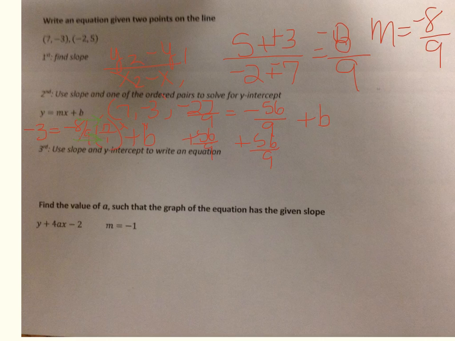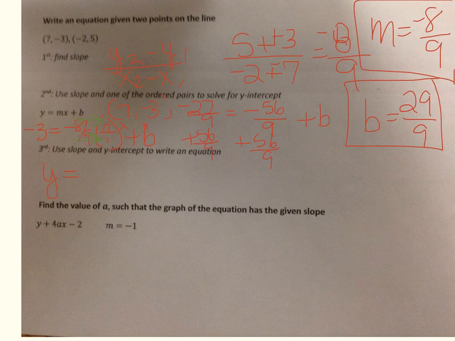Sorry. So when I add negative 27 and 56 together, I find out that b equals 29 over 9. So now I know what my y-intercept is, and I know what my slope is. So lastly, I can just take those and plug them into the equation. Y equals m, negative 8/9 x, plus b, 29 over 9.